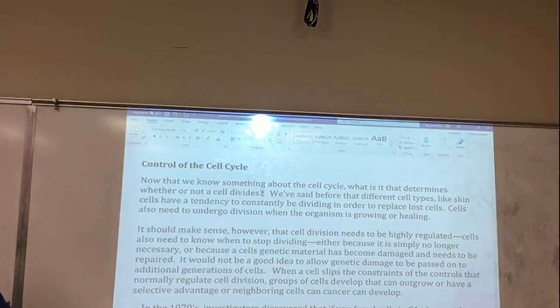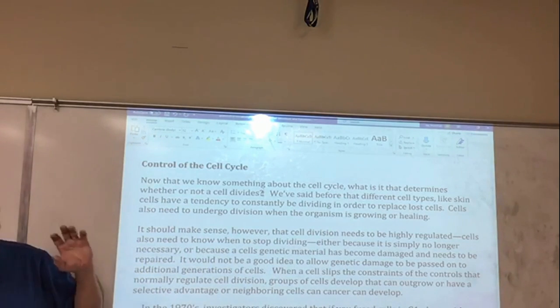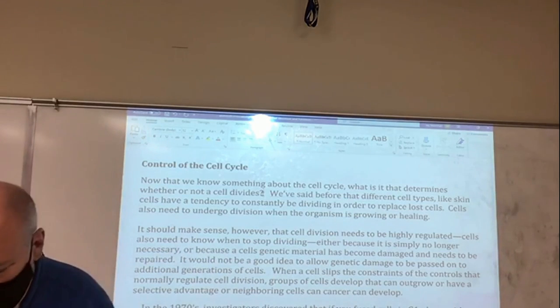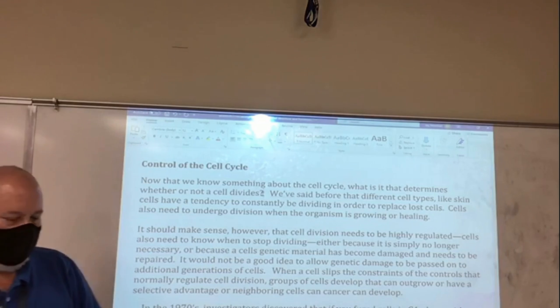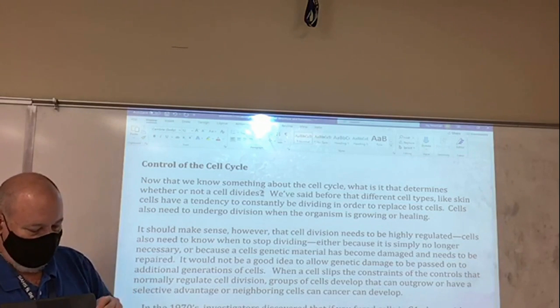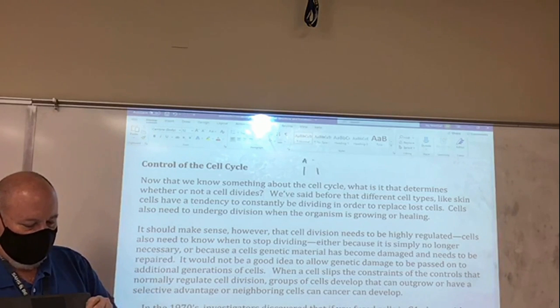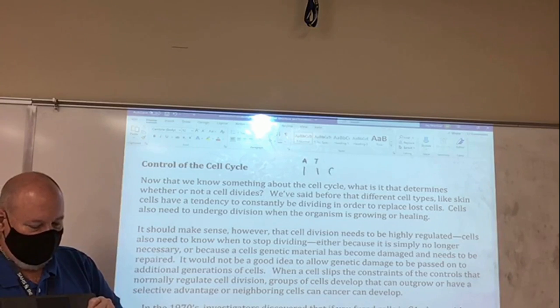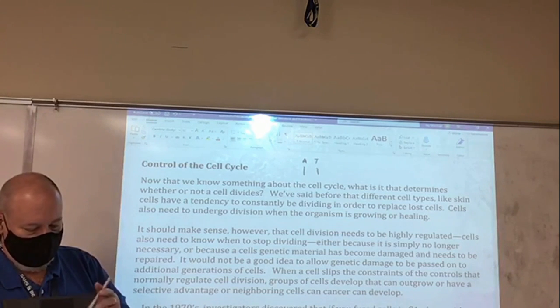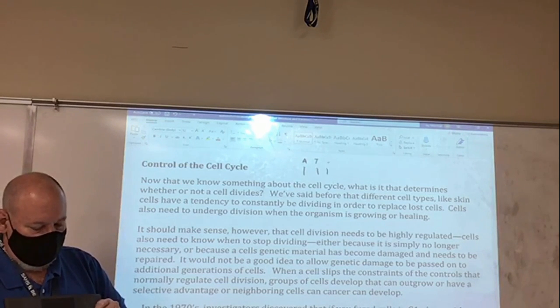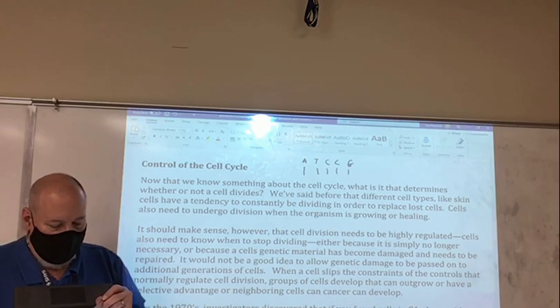In fact, when the DNA is duplicated, so if I have base pairs here, let's say, adenine and thymine, you don't need to write this down, and I have cytosine and another cytosine and guanine.